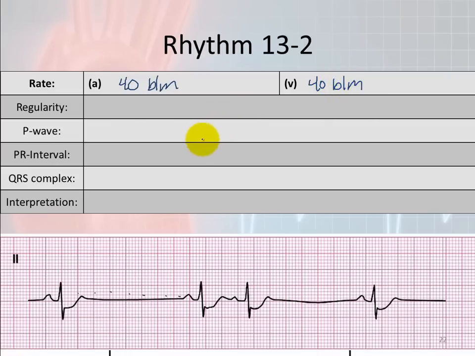The regularity, just by glancing at it, you can tell that that puppy right there makes it irregular. The P waves are present and married. The PR interval, from here to here looks to be right at 0.20 second.